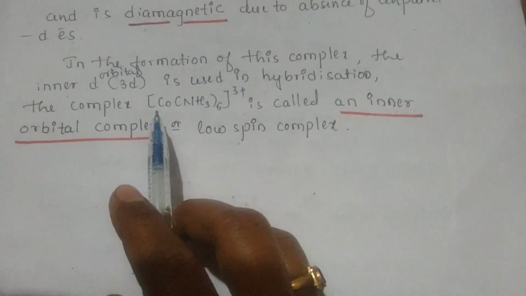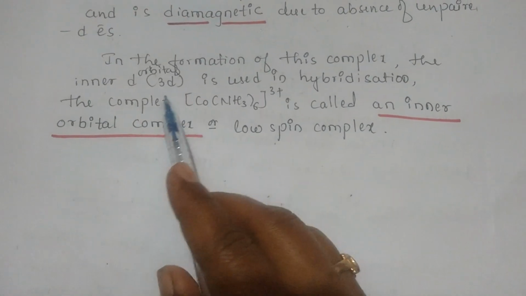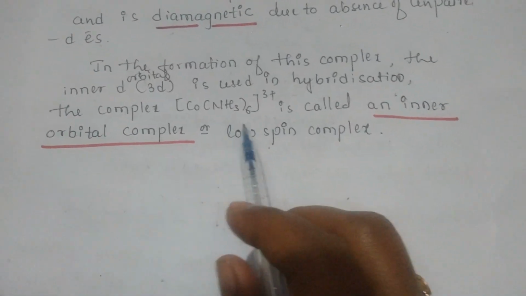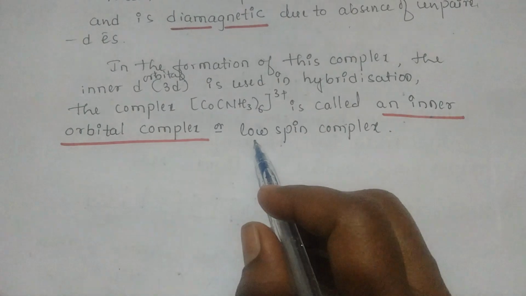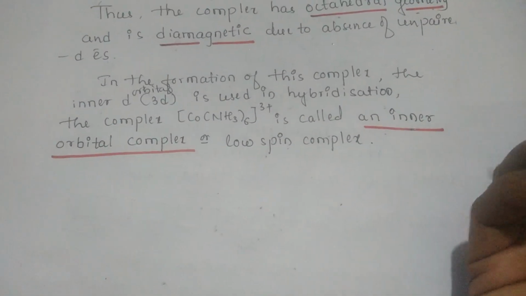In the formation of this complex, the inner d orbital, that is 3d, is used in hybridization, so the complex is called an inner orbital complex or low spin complex, or it is also called a spin paired complex.